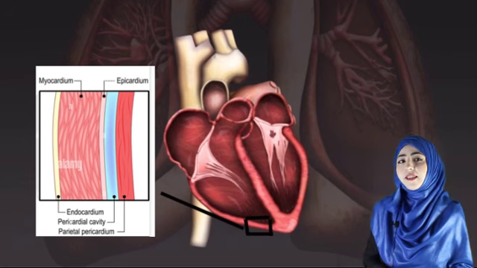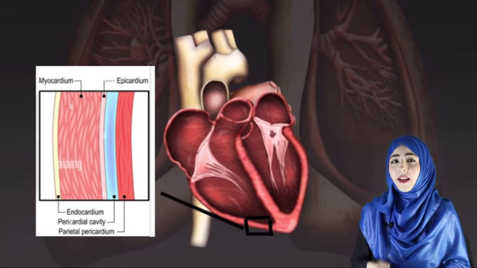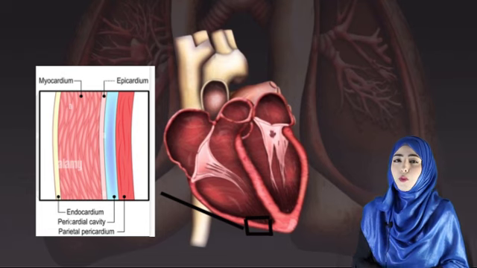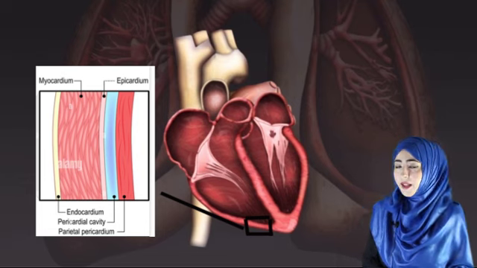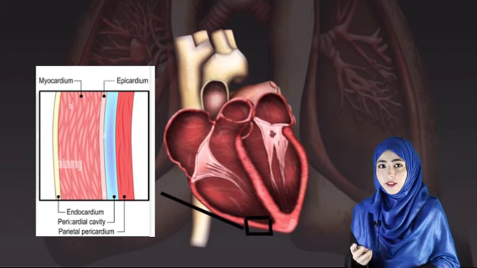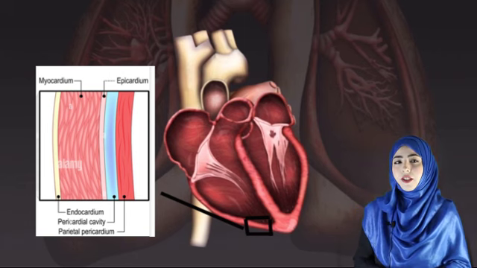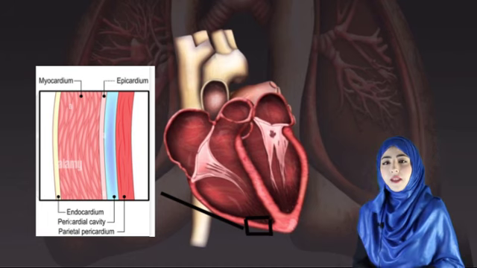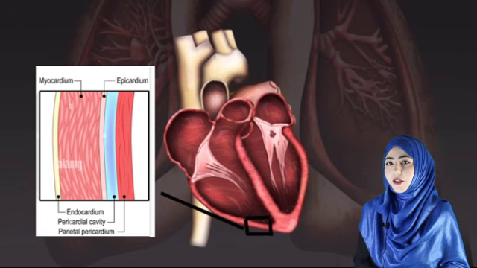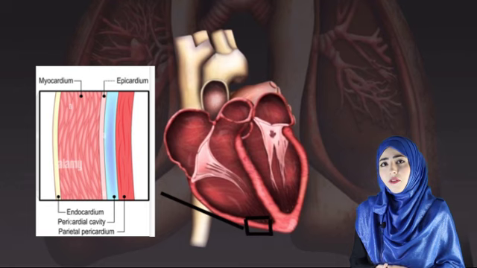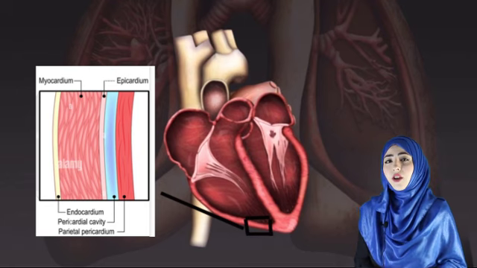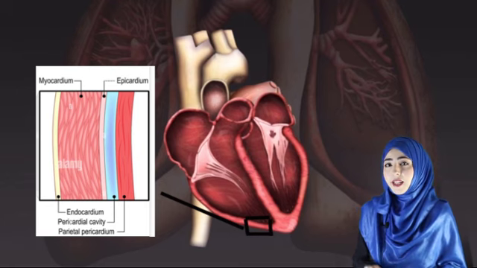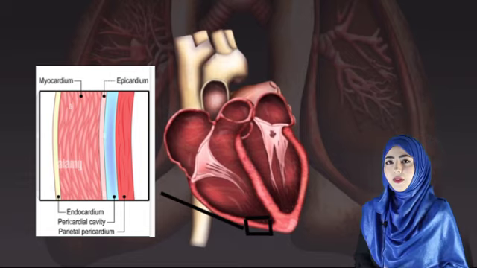The second is the myocardium, a thick helical middle layer composed of cardiac muscle. And then we have the third layer, which is the epicardium, a thin external layer formed by the visceral layer of serous pericardium. The walls of the heart consist mostly of myocardium, especially in the ventricles.